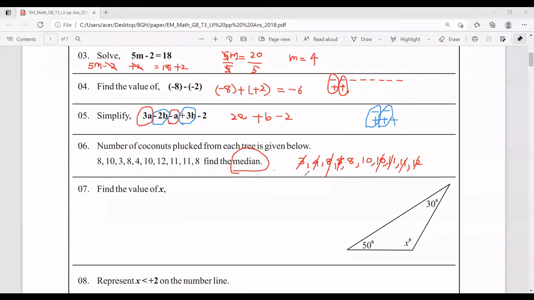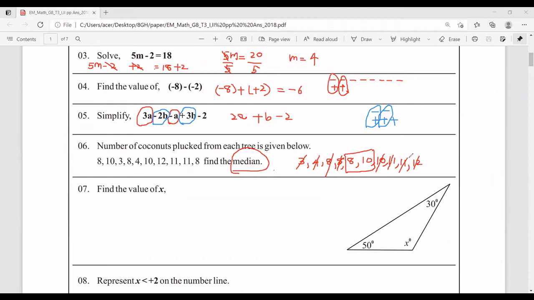From the left, I remove 4 numbers, and from the right also I remove 4 numbers. Now in the middle, in this question, there are 2 numbers. You know, if there are an even number of numbers, there may be 2 numbers in the middle. If there is an odd number of numbers, then there's only 1 number in the middle. Here 8 and 10 are in the middle.